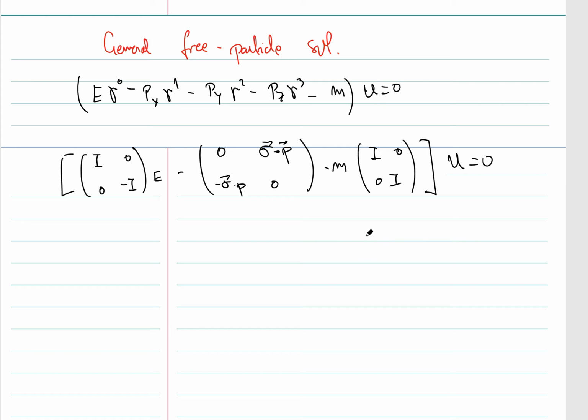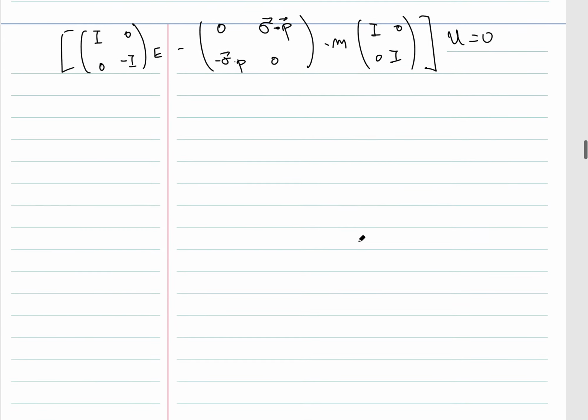We have seen before that we can write gamma matrices in the Pauli representation. Now we just need to find sigma dot p.